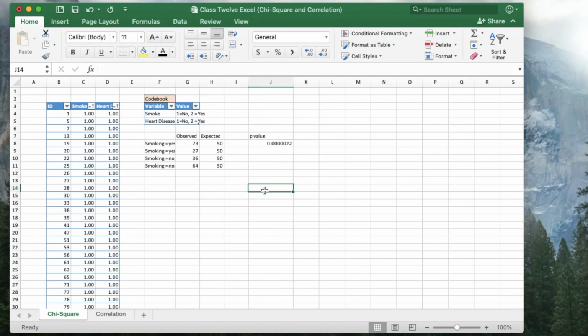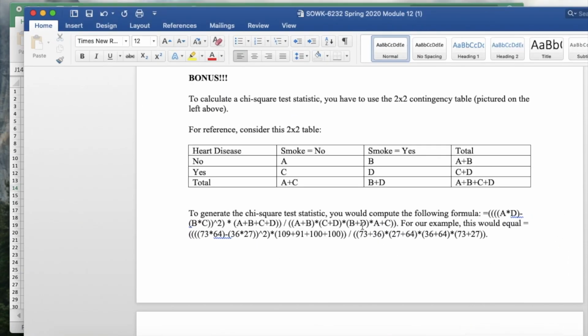Okay, and for a bonus this week, I wanted to include how it is that we would actually calculate that chi-square test statistic. So the formula for this is found in the accompanying Word document.